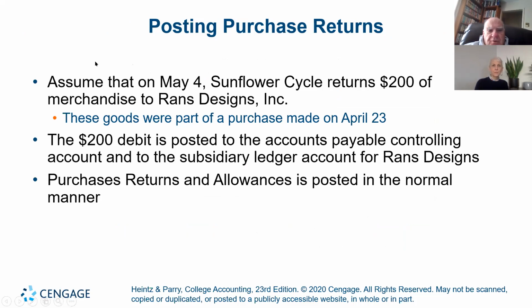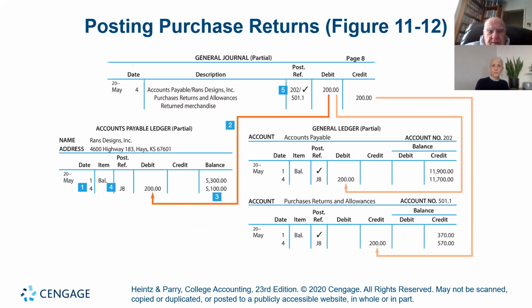Posting purchase returns, huh? Sunflower return, $200. Okay, so we have to post it to the control account, which is accounts payable, and to Rand's Designs. And here we go. We return something, so that's going to reduce our cost. We don't have to pay it.